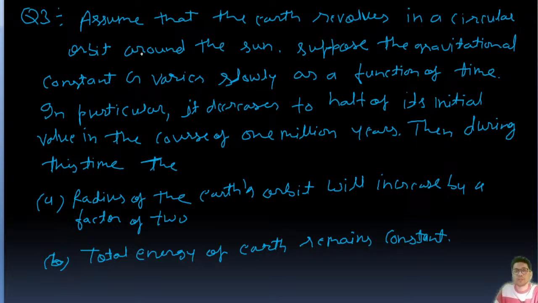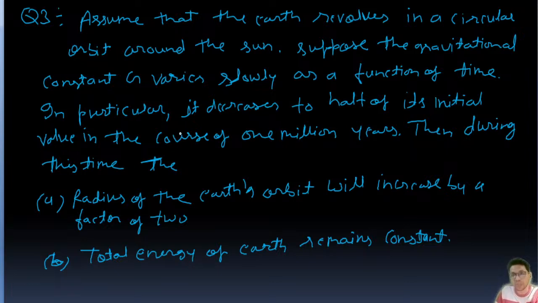So the question is, assume that the Earth revolves in a circular orbit around the sun. So we need to assume that Earth is rotating around the sun. Suppose the gravitational constant G varies slowly as a function of time. In particular, it decreases to half of its initial value in the course of 1 million years.